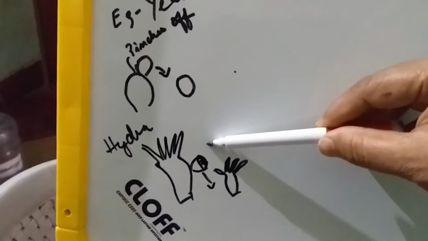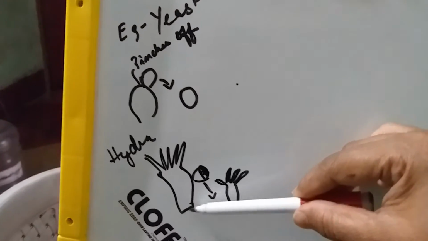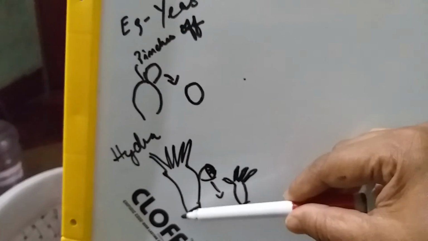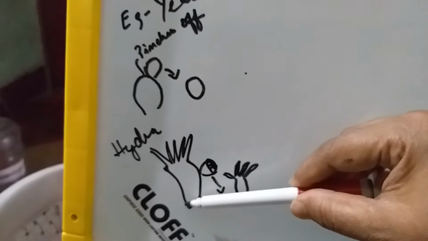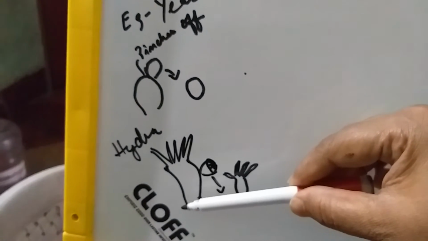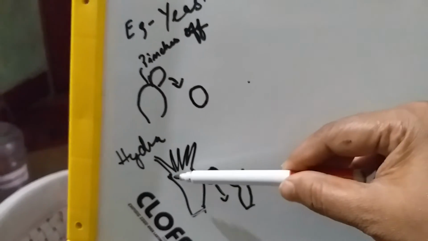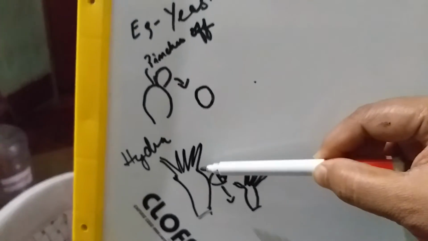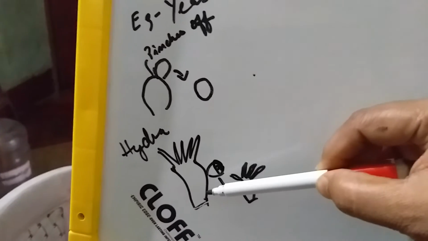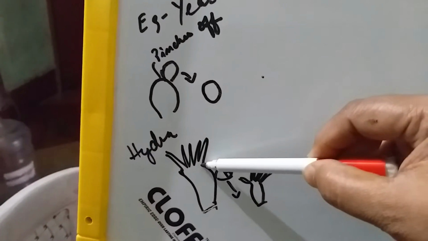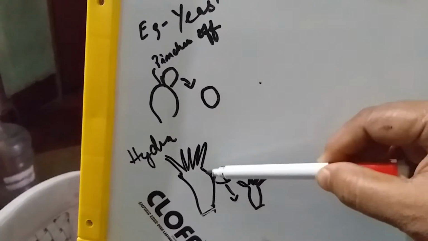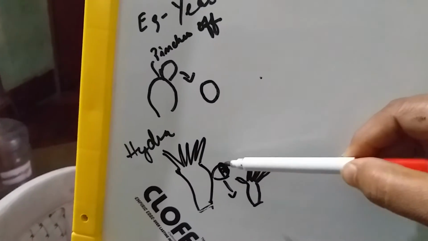And here you see hydra. Hydra is generally sessile. Both are fixed. They do not move. Hydra fixes itself to the substratum. This is the body structure, these are the tentacles and the mouth here. If you divide it, this portion is known as the head and this is the body part. On the body part, you see a knob-like structure.